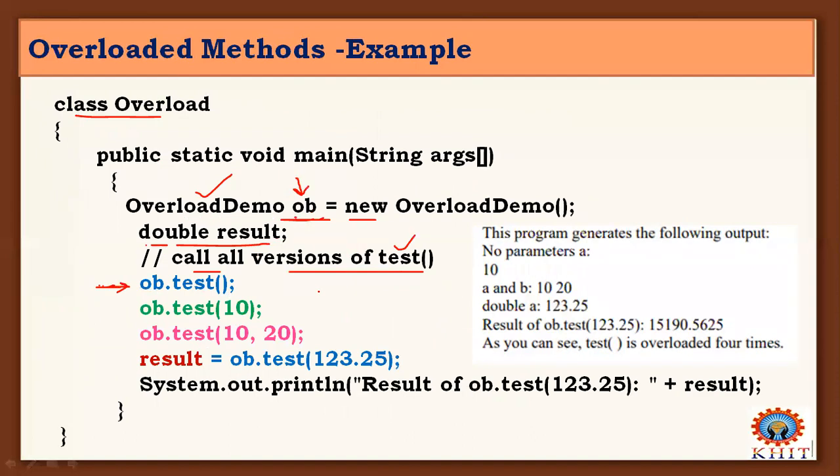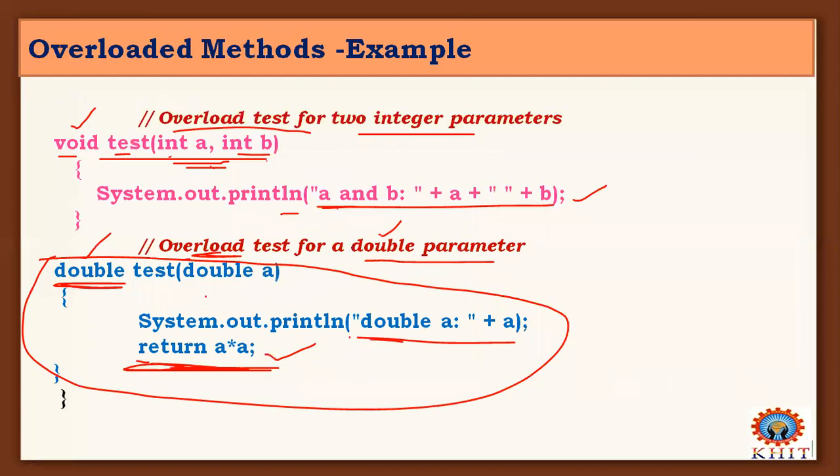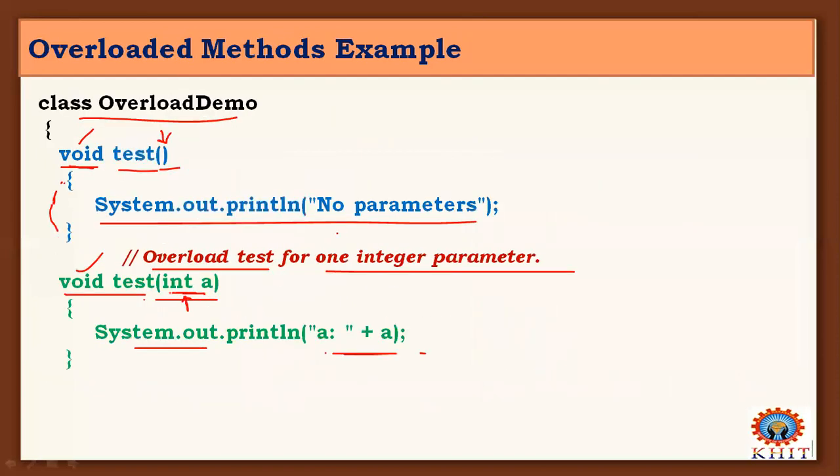Object name, this ob is an object name, followed by the dot operator, followed by method name and argument list or parameter list. So this is a valid statement for invoking the method of class OverloadDemo with name test. So ob.test invokes this test method, and the body of this test method is simply displaying no parameters.